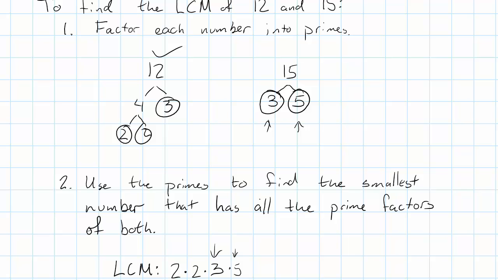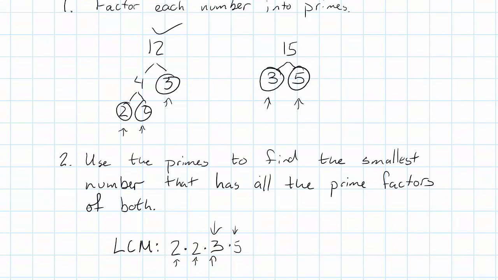I have all the prime factors I need to make a 12, 2 2s and a 3. I have all the prime factors I need to make a 15, a 3 and a 5. I don't need to have the prime factors to make both at once. I don't need to repeat the 3.